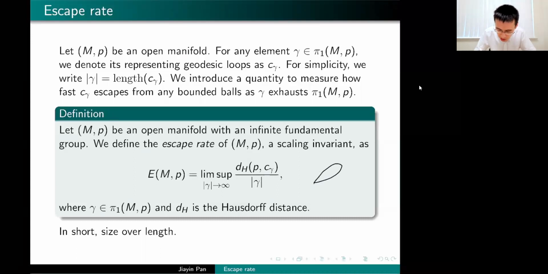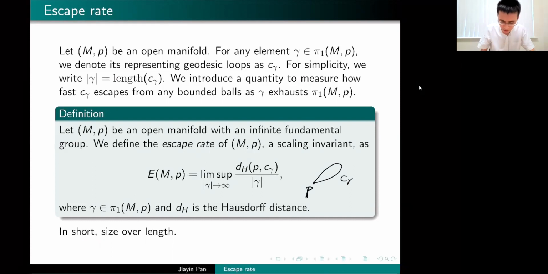Let's say c_gamma is here, and p is here. So d_H is basically the size of c_gamma. Then over the norm of gamma, which is the length. So basically you take the size over the length.